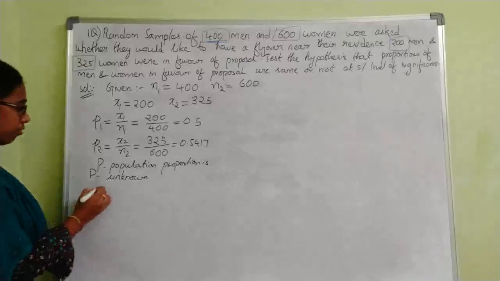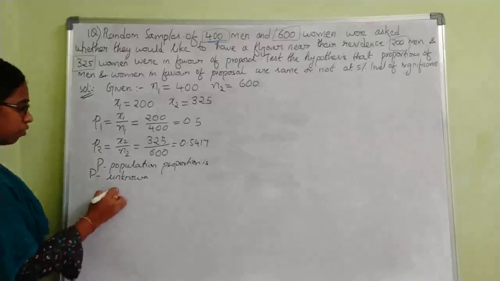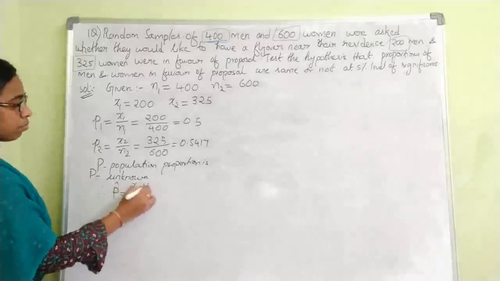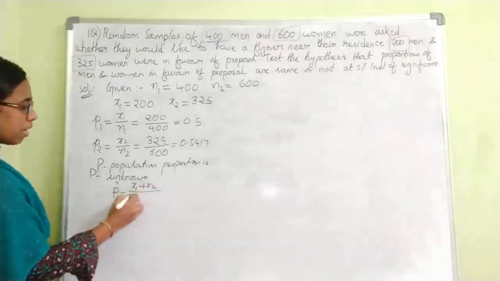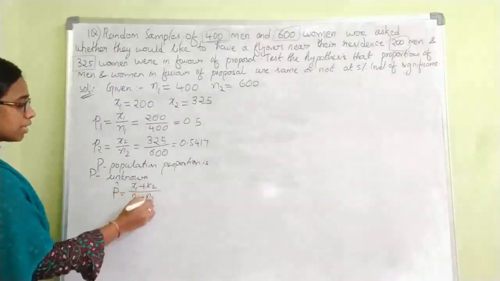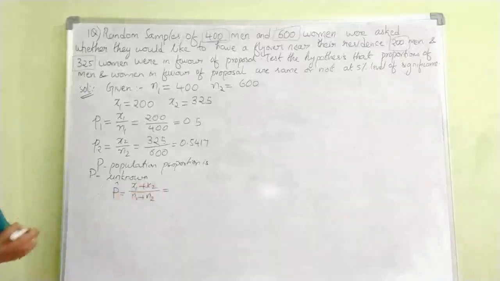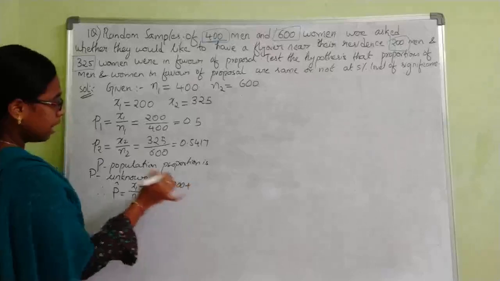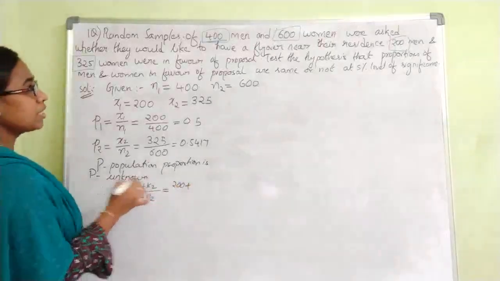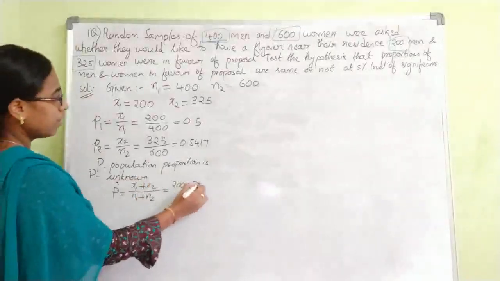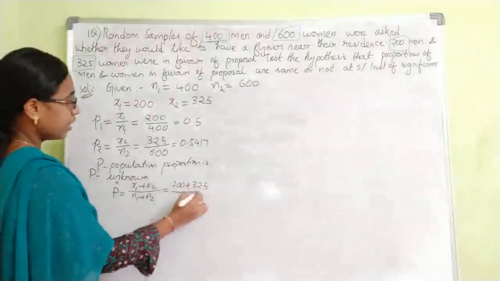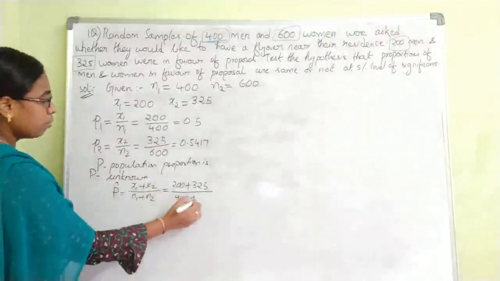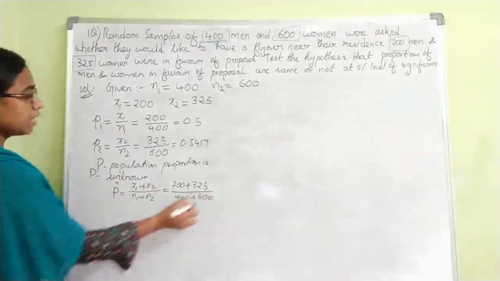How do you estimate the P value? P hat equals X1 plus X2 by N1 plus N2. So the X1 value is 200 plus the X2 value 325, divided by N1 which is 400 plus N2 which is 600.